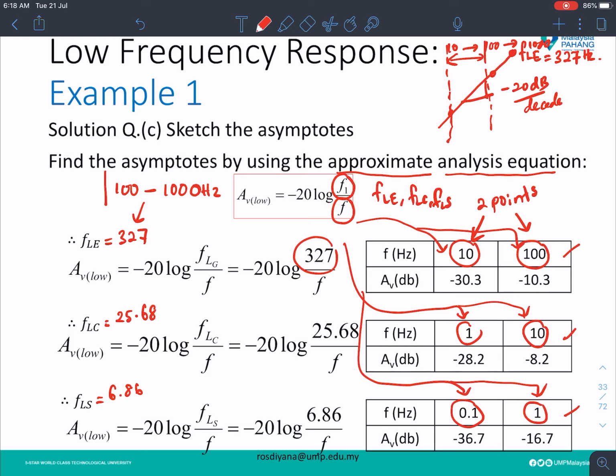So we get another one, 10 to 100. Then for the 10 here, it can become another one, 0.1 to 10. That's why this point, you see, is at 10 and 100 here. Okay, because of this.